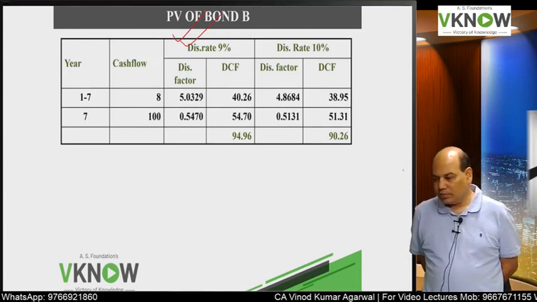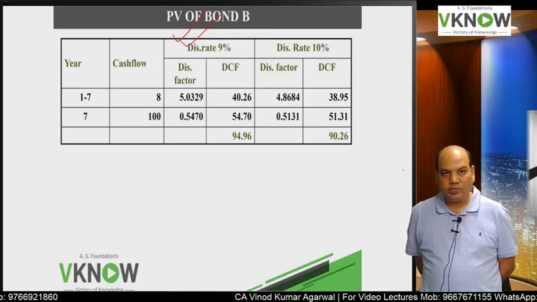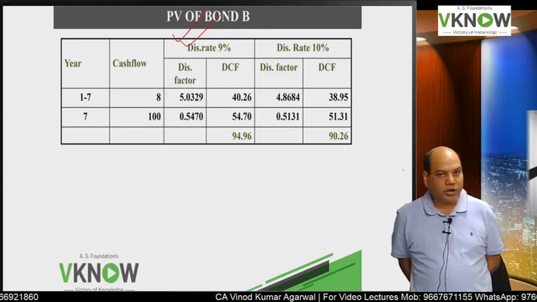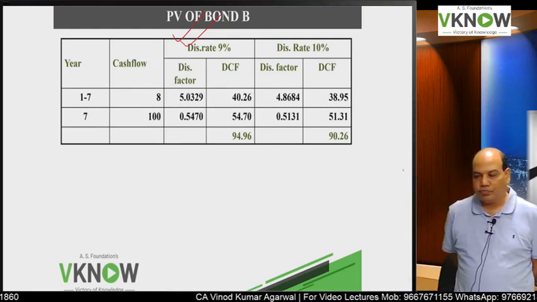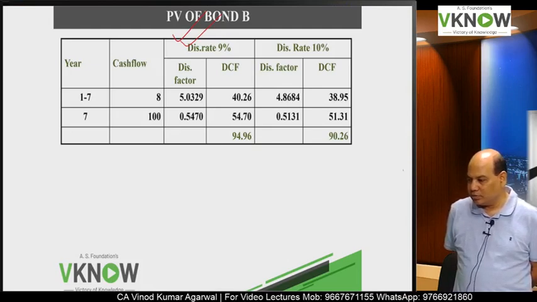Write down year, cash flow, discount rate 9%. Under that we will draw two columns, discounting factor, discounted cash flow. And then we'll write discount rate 10%.